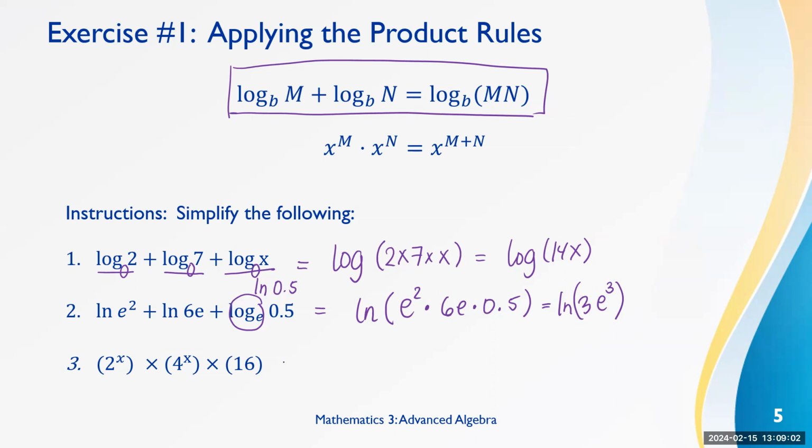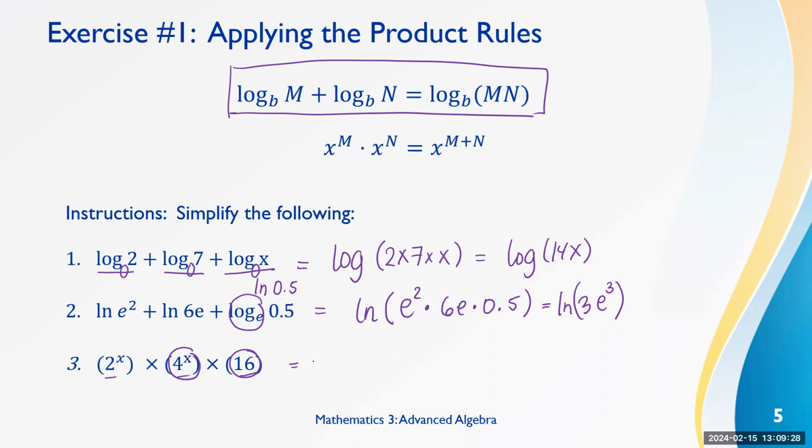And for item number 3, we cannot directly apply the product rule for exponents since we have different bases. So what we are going to do is transform these terms such that they have a base of 2.